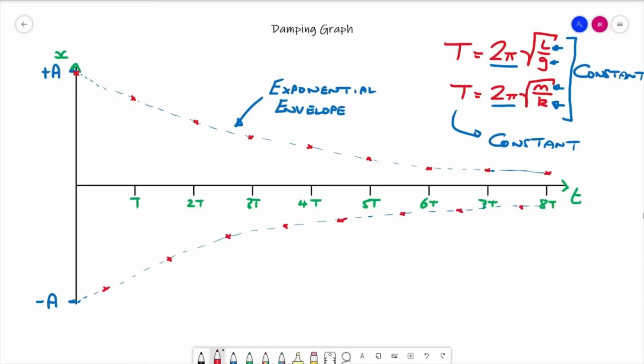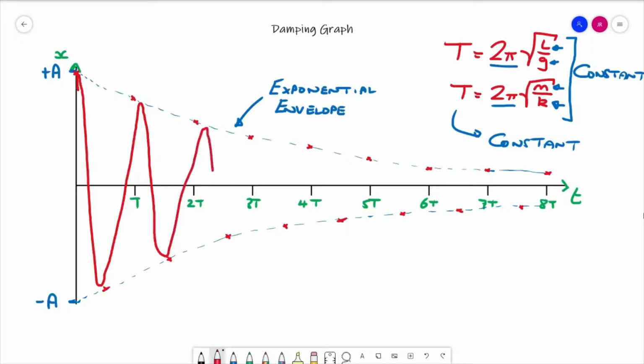So I'm just putting those on to help me to draw this. What we end up with then is a graph that's going to look like this, if you excuse the drawing. These are obviously supposed to be aiming for the crosses. There we go, that's better.